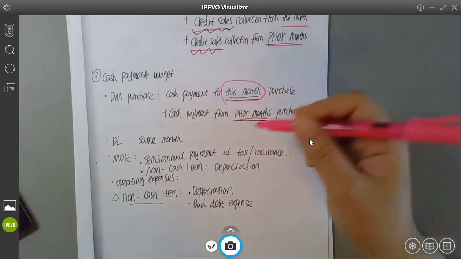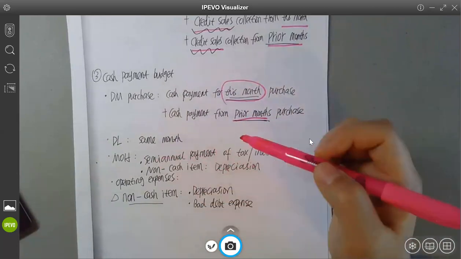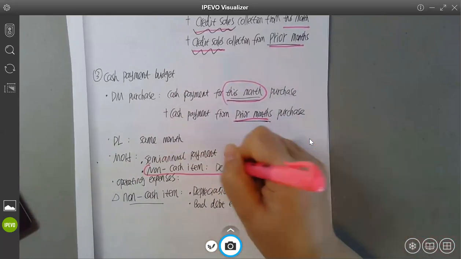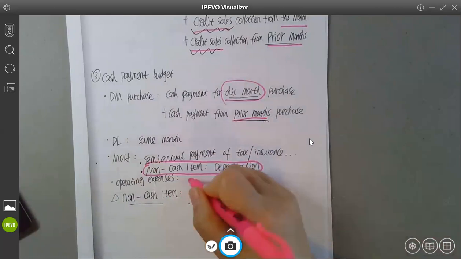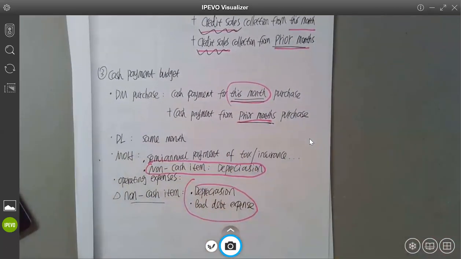Manufacturing overhead, we said you do some adjustment for the semi-annual payment of tax and insurance. But the main thing is non-cash items: depreciation and bad debt expense. Those are your expenses, but they are non-cash. What does that mean?